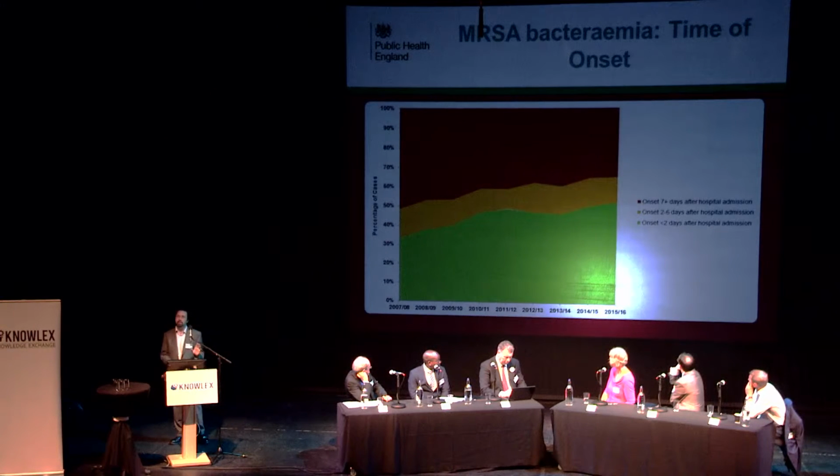So those patients that manifest with their MRSA bacteraemia within the first 2 days. So you can see from 2007 to 2015-16 that green area has become much bigger. So there's been a shift away from the hospital setting to the community setting for MRSA bacteraemia. And that kind of makes sense because a lot of the interventions were hospital-based.